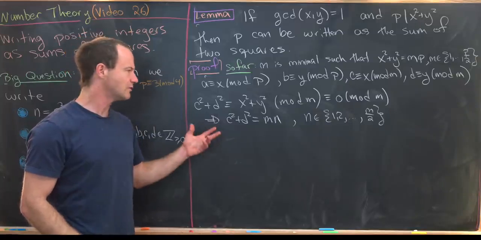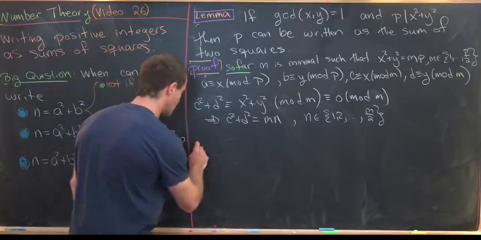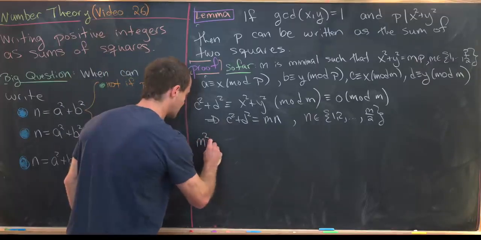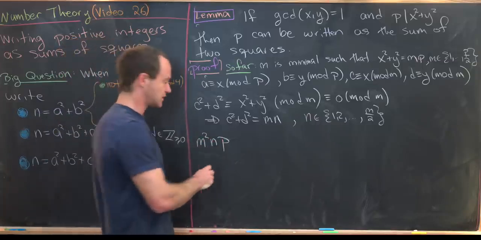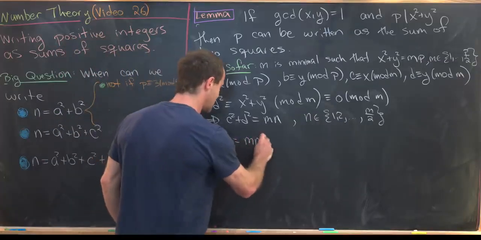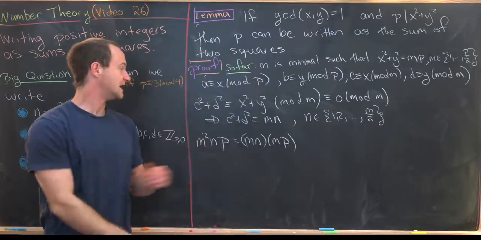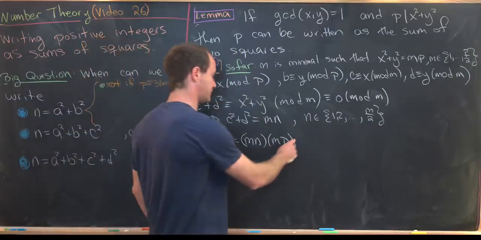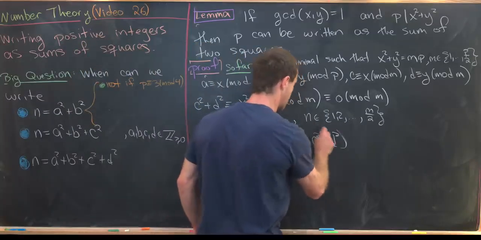Okay, great. Now we want to look at a pretty complicated object, but we'll see how it helps. We'll look at the number m squared times n times p. So let's notice that's the same thing as mn times mp. Now, mn is this sum of squares, it's c squared plus d squared.